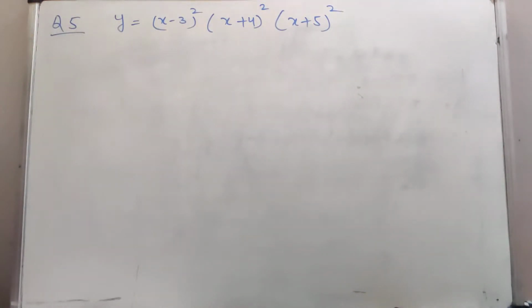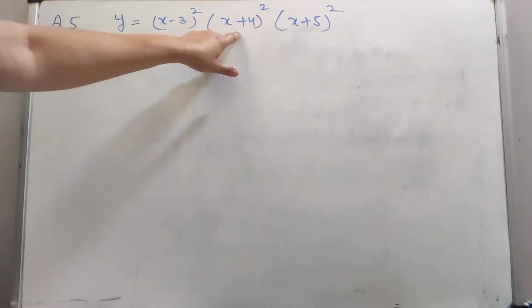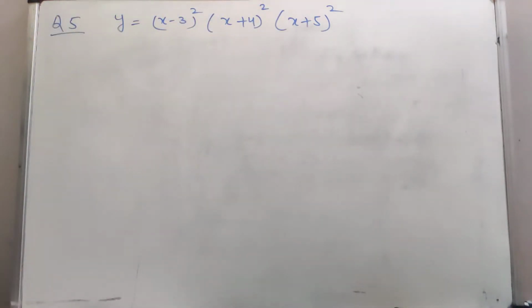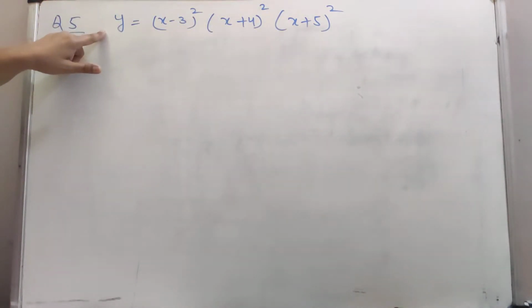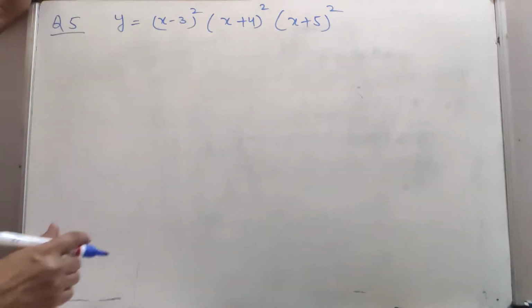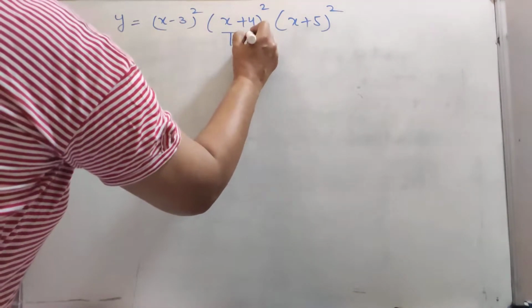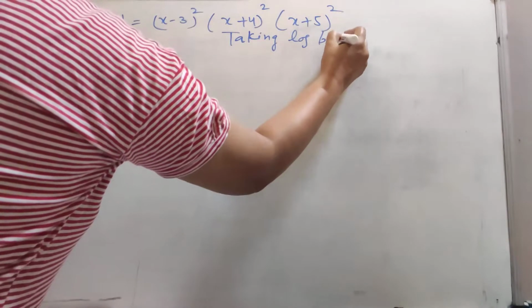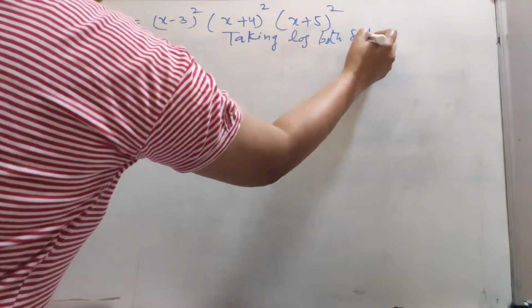Okay, next question is question number 5. y is equal to (x minus 3) square, (x plus 4) and (x plus 5) square. So there is a product of long terms. This will also be solved by taking log both sides. See what happened?